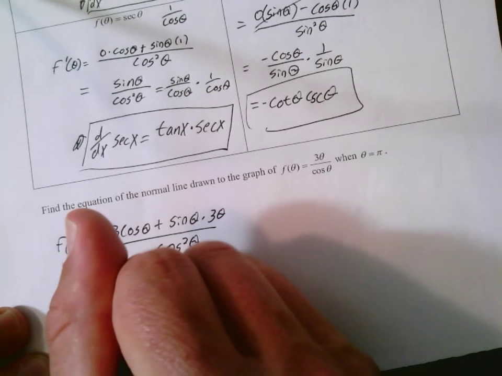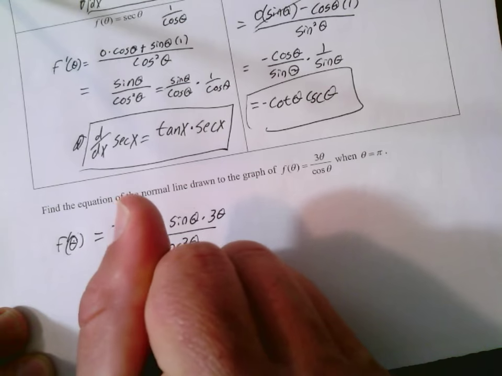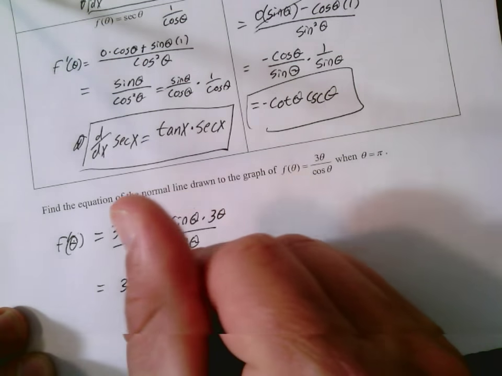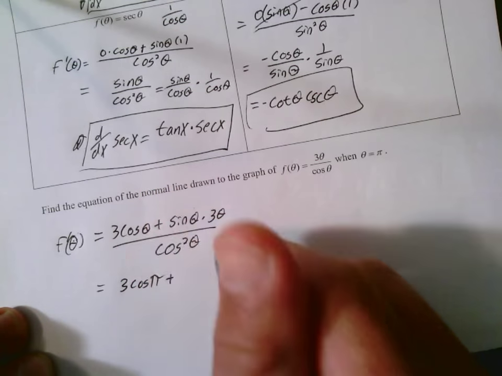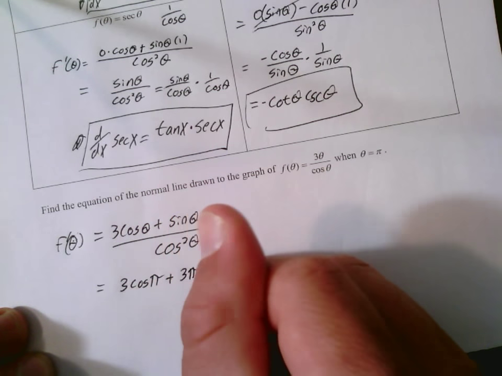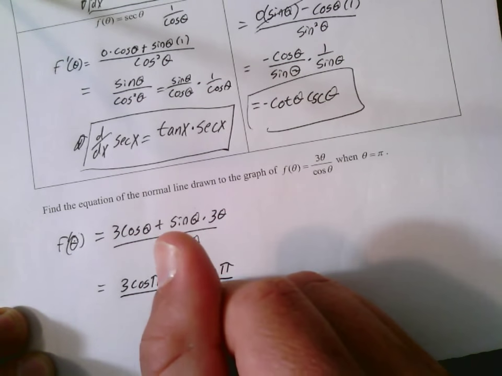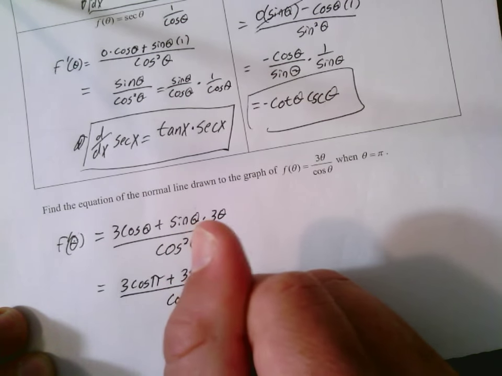I get 3 times cosine theta, or pi. I'm going to plug in pi for theta. Plus 3 pi sine pi all over cosine pi squared.